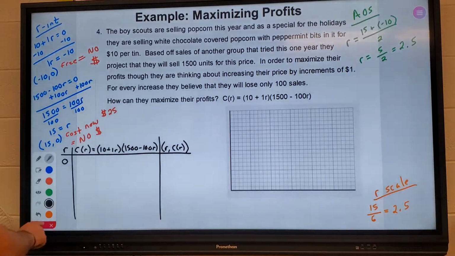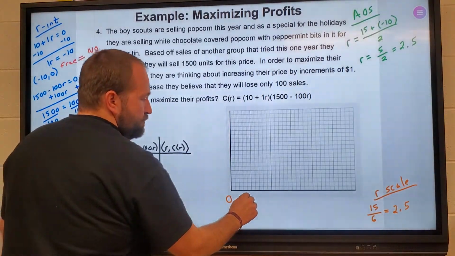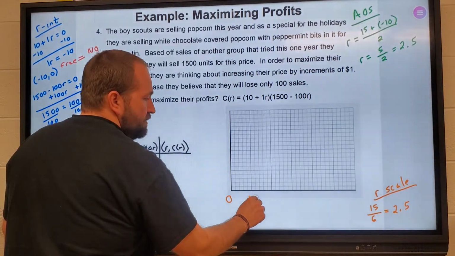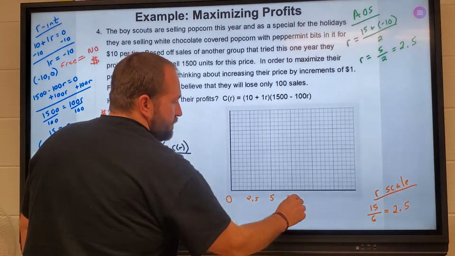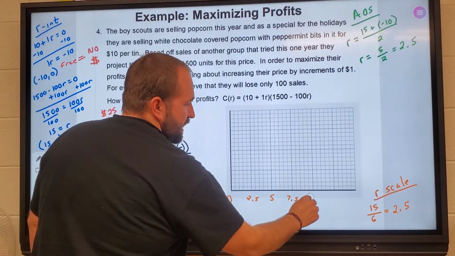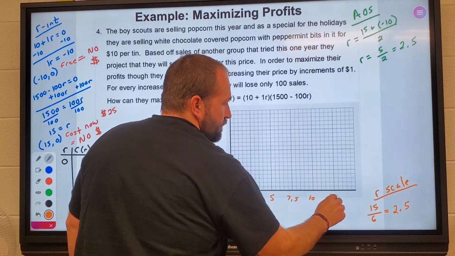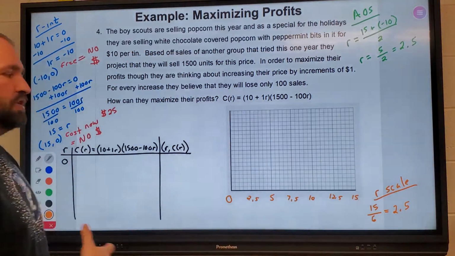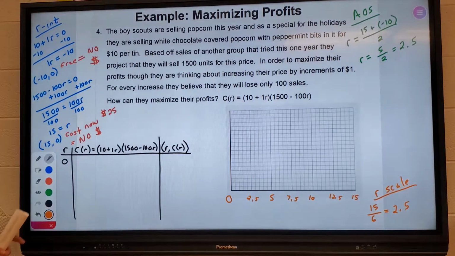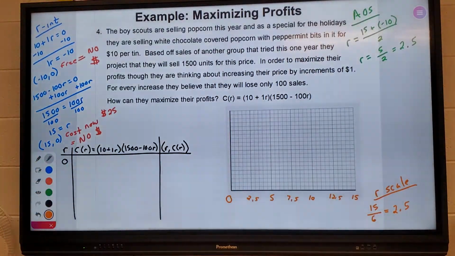So if I take my scale and I start writing it out, I have 0. I have 2.5 at this first marker. I have 5, I have 7.5, I have 10, I have 12.5, and I have 15. Okay, so that works out perfectly and extends all the way to the end of the graph. So I'm going to have to take each one of these values and plug them into my table.